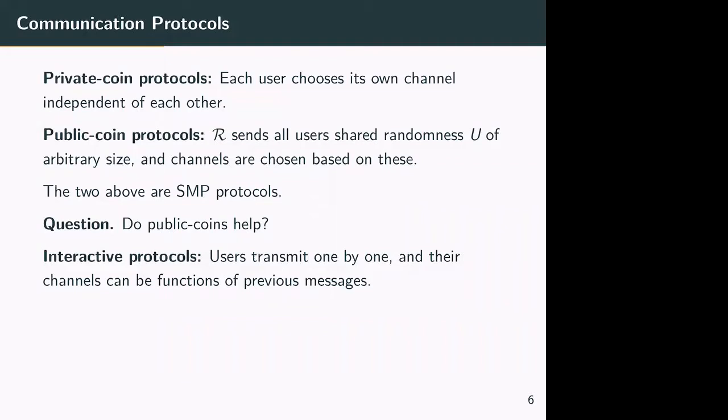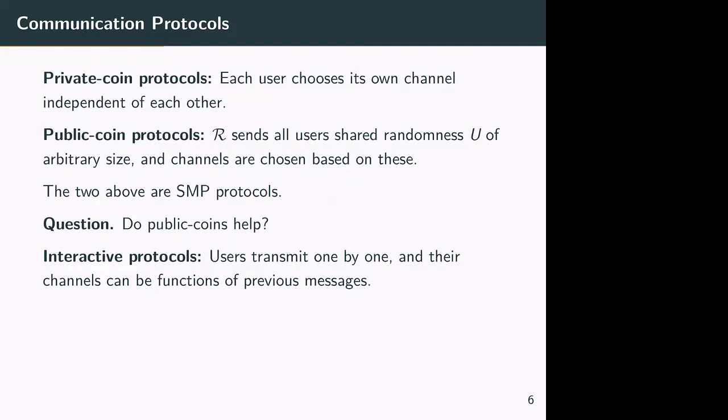So now there is some kind of dependence that's introduced across the players. Now these are two simultaneous message protocols, called simultaneous message passing protocols, because all the channels are chosen at the same time. Okay? And one of the questions could be, do public coins help? And we are going to discuss the entire talk on that, and even a nuanced problem at that.